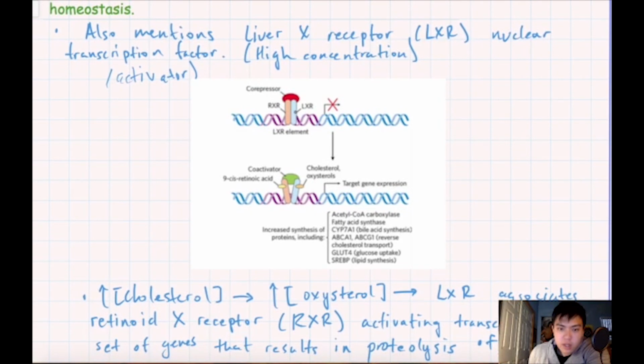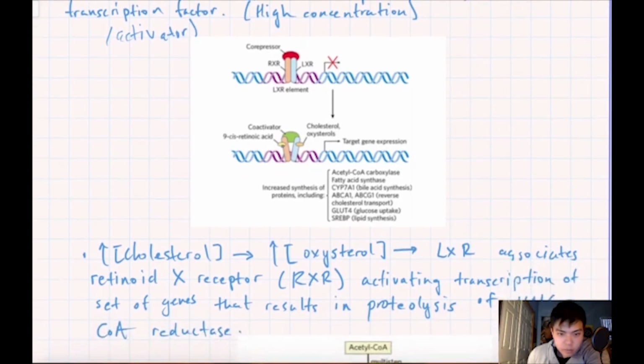So our LXR is going to be bound to our RXR, which is retinoid X receptor. And when cholesterol concentrations are low, it's not going to activate this transcription factor, and essentially no transcription happens.